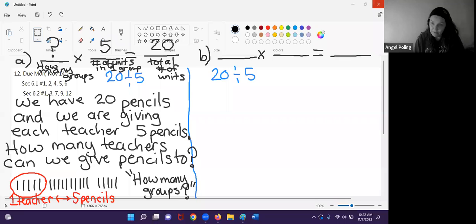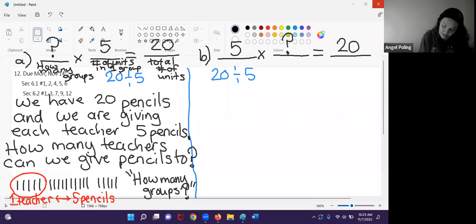Okay, so on the second one here, moving on, we've got the end part. We always know the total that we're working with. We just don't know where the 5 goes, right? This time the 5 is the number of groups that we have. And we don't know how many items are going in each group.